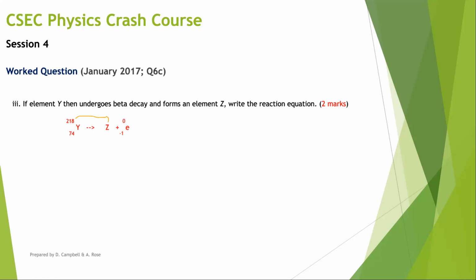So we would have 218 for the mass number, and the atomic number will increase by 1. So we have 74, which means on the daughter nuclide, we will have 75. And of course, you can always say 75 plus -1 is equal to 74, and 218 plus 0 is equal to 218. So we can use that to double check.